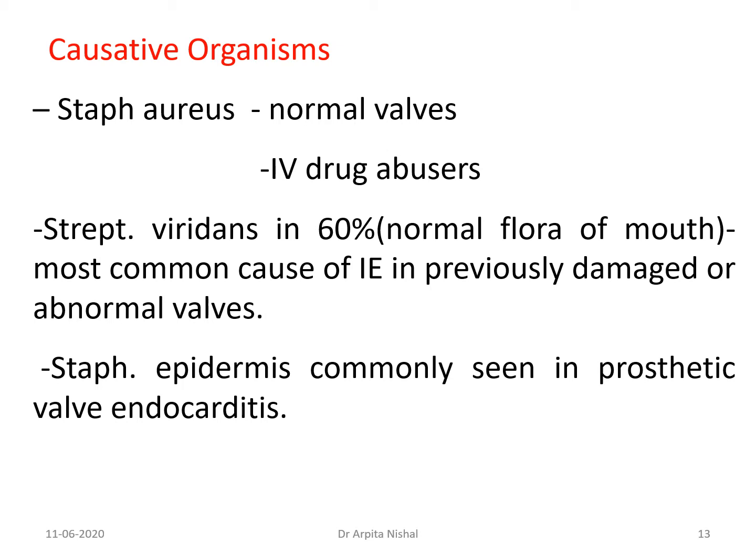Staph epidermidis is commonly seen infecting the prosthetic valve and causing prosthetic valve endocarditis. So Staph aureus causes acute endocarditis, in normal valves and in IV drug abusers. Streptococcus viridans causes infection in previously damaged or abnormal valves.